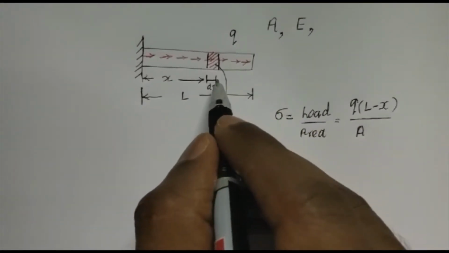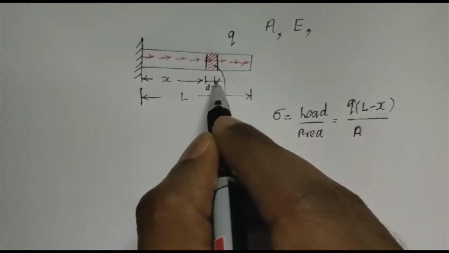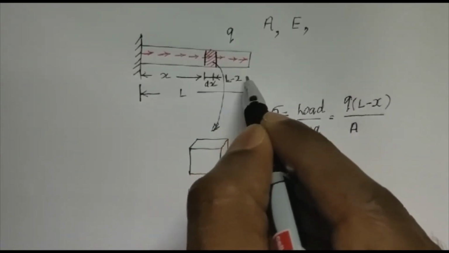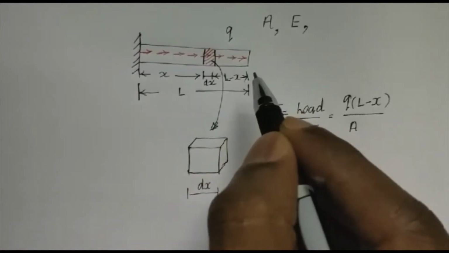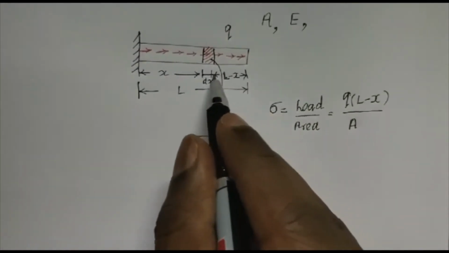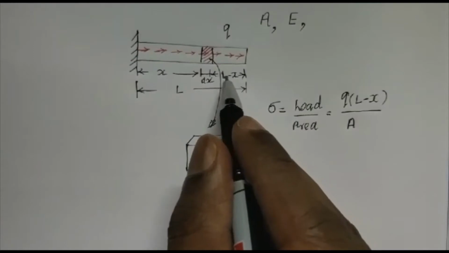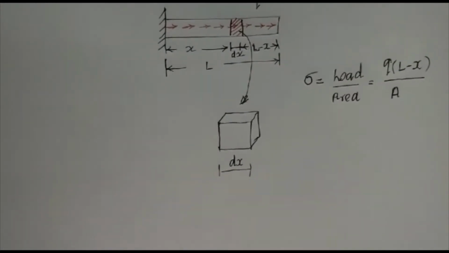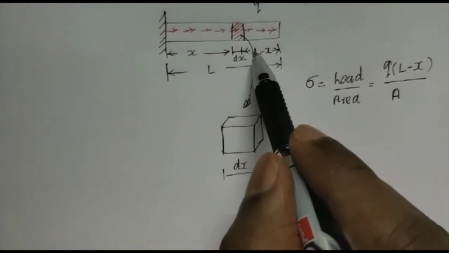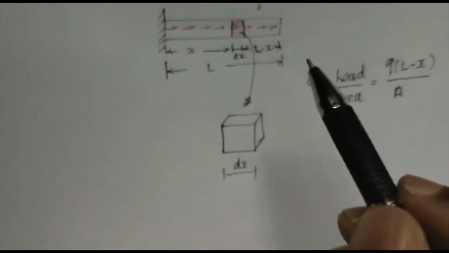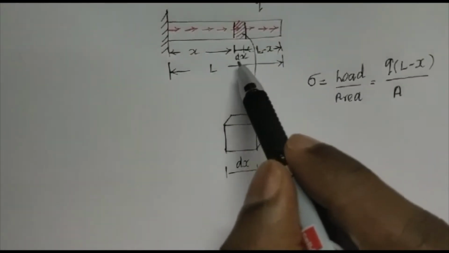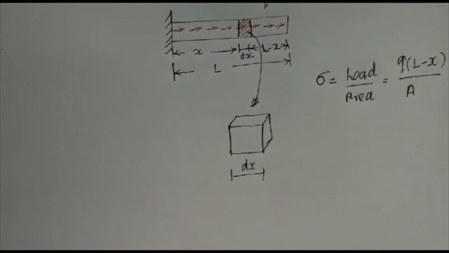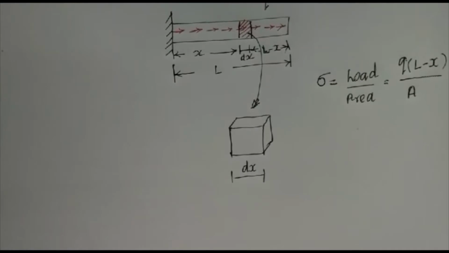I'm going to give an explanation here. This distance here is L minus x. Now you may say that this distance is actually L minus x plus dx, but this dx value is so small that we can ignore it without incurring any serious error in mathematics.